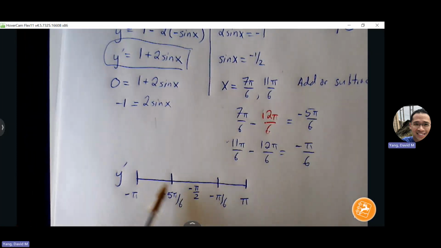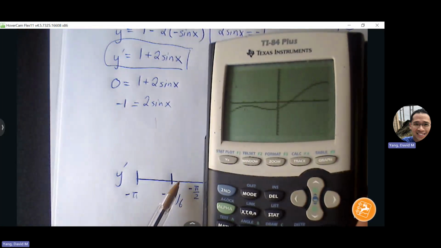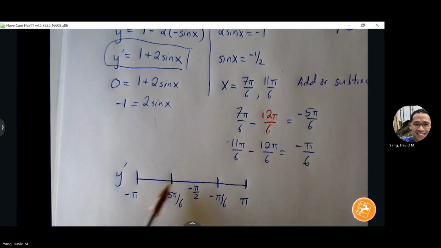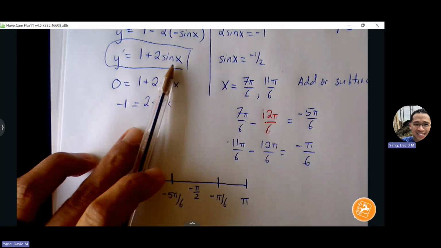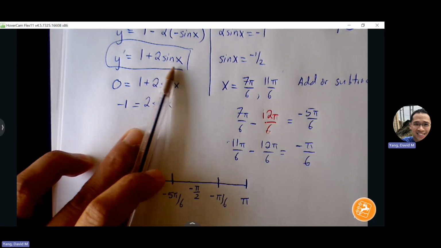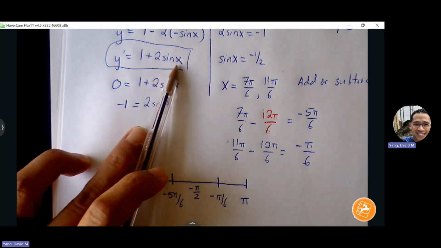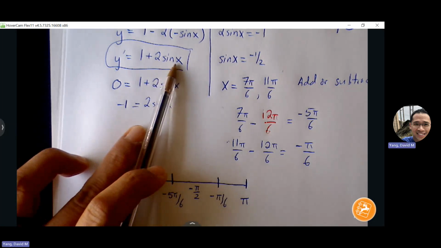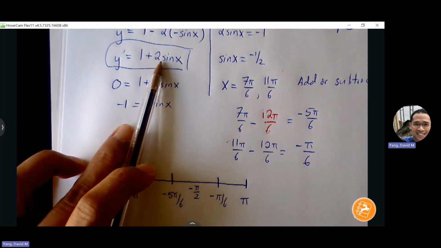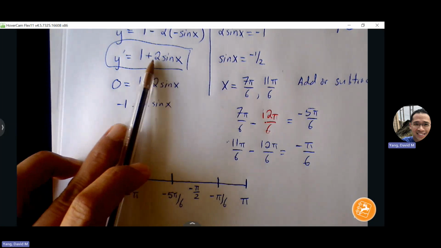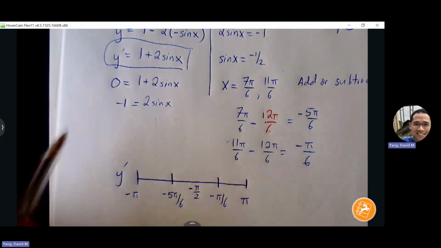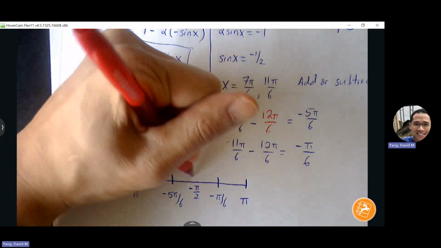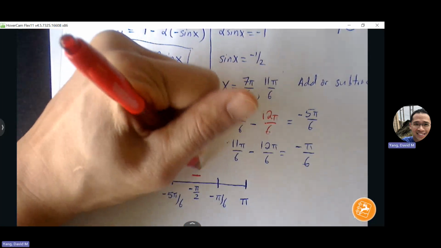We can always confirm it by looking at the graph as well, right? So for x, sine of negative pi over 2 is the same thing as sine of 3 pi over 2. Sine of 3 pi over 2 is -1. -1 times 2 is -2. -2 plus 1 is negative. So we know that this is negative, which means that our graph is falling.